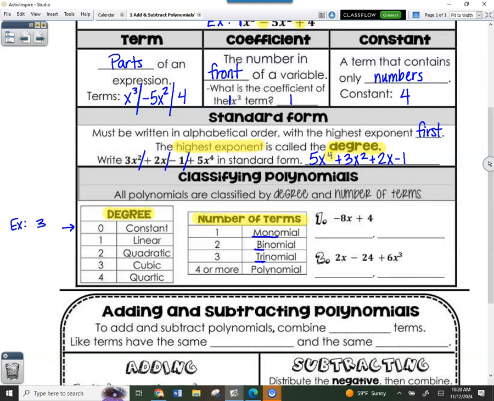Stay with me. Is there an x here? No. I want you to write this, and then I want you to put x to the 0 power. That is a constant, because if you go to graph it, it's just going to be a horizontal line. It's just a number, right?